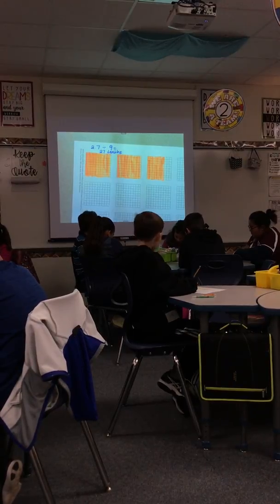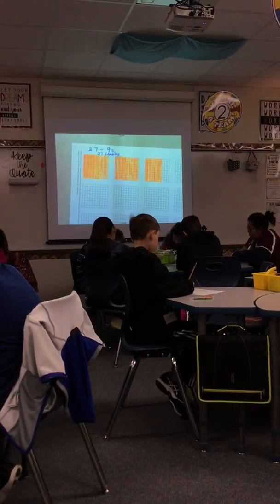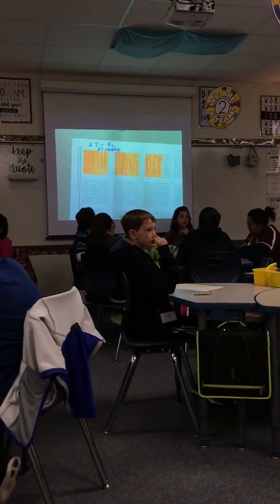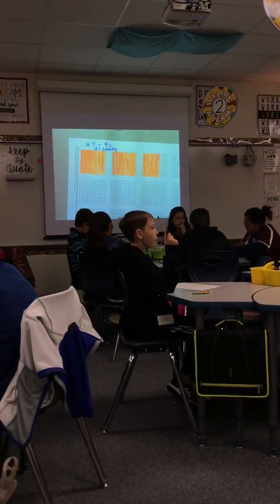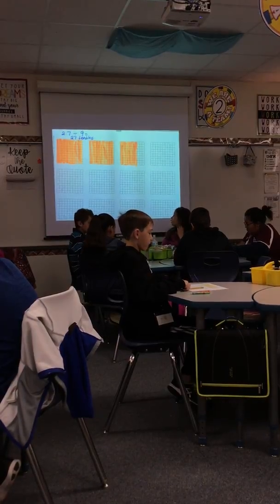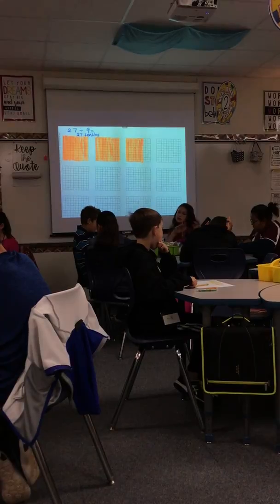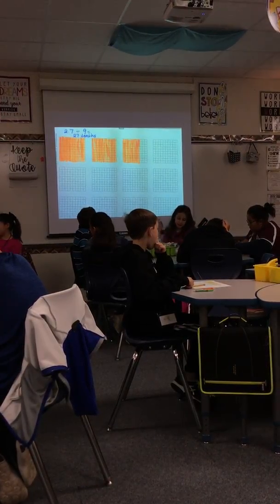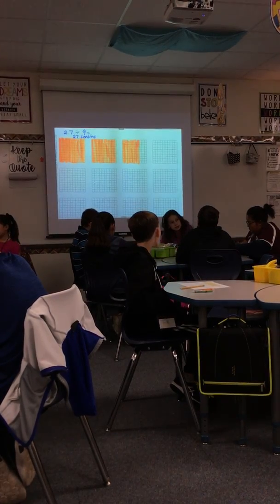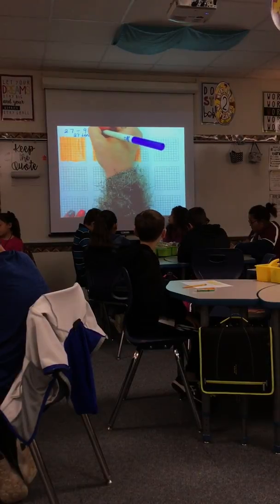So if we have 27 tenths, what do we know about 27 and 9? Make sure your papers look exactly like mine. It needs to be sideways. We know 27 divided by 9 is 3, because 9 times 3 is 27.